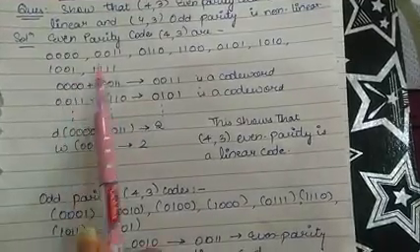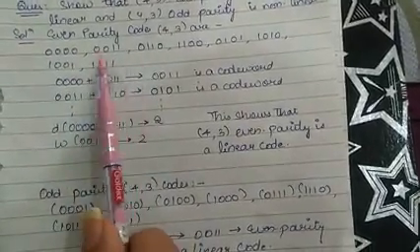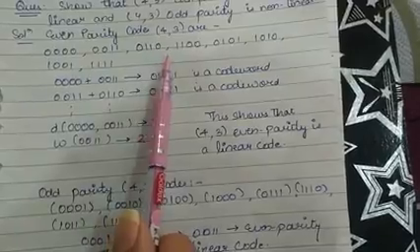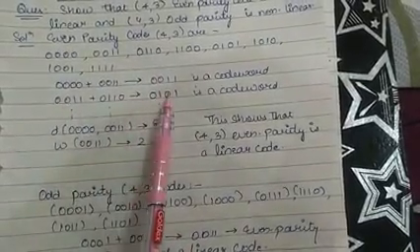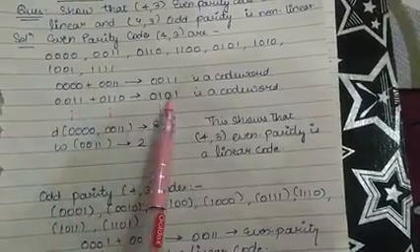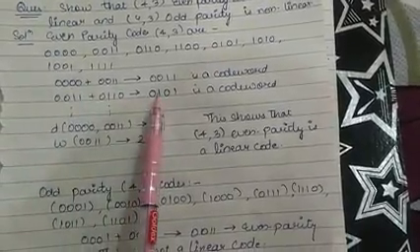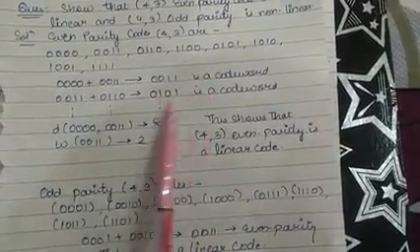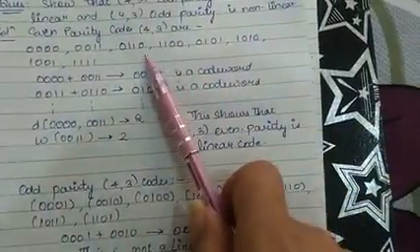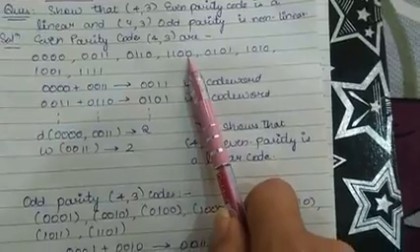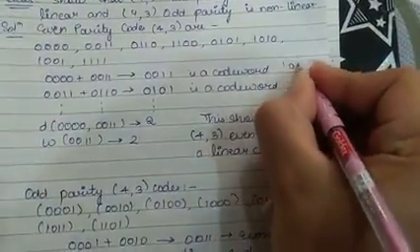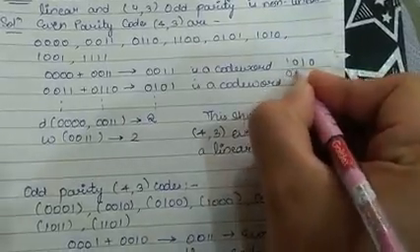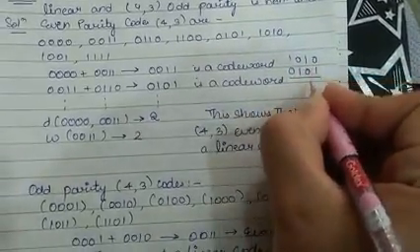Now I'm adding these two values, 0011 and 0110. 0 plus 0 gives 0, 0 plus 1 gives 1, 1 plus 1 gives 0, 1 plus 0 gives 1, which is also a code word. You can check by taking any two samples. Let me do one more for you: 1010 and 0101, I'm adding these two.